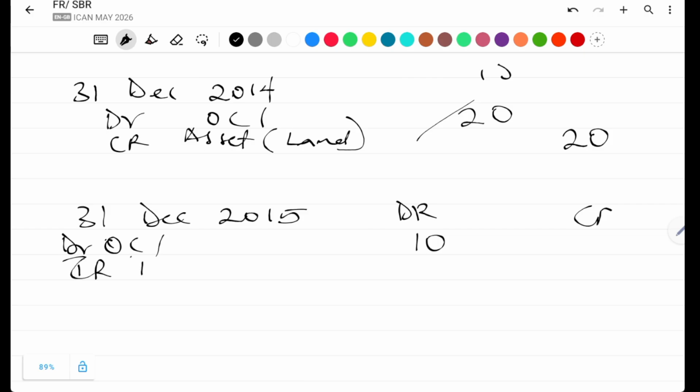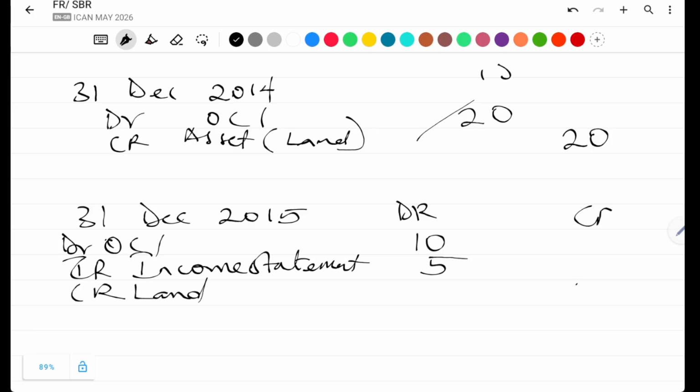So you debit your income statement with the 5, right? That's the remainder. And of course, your land, which is the asset, is credited, the entire 15 goes into the books of the land. So that's how it is done.